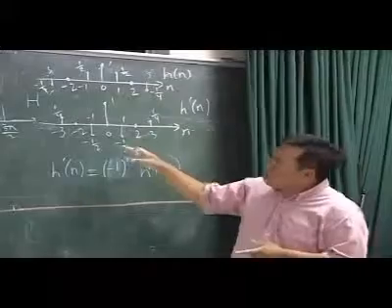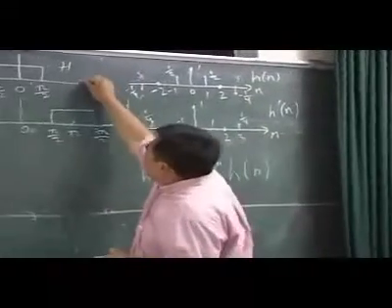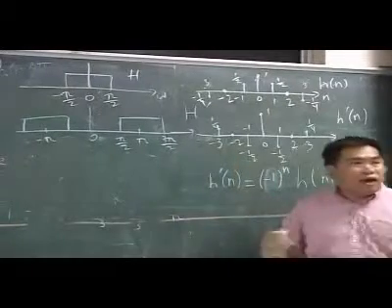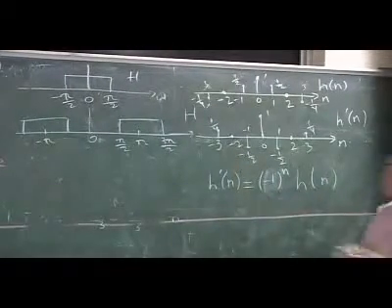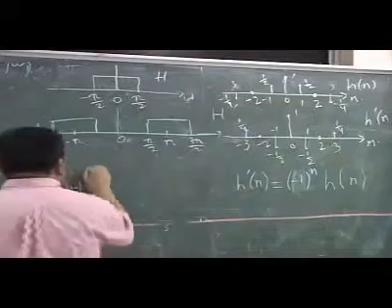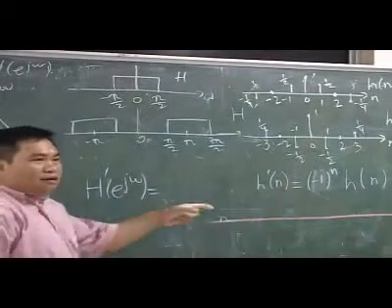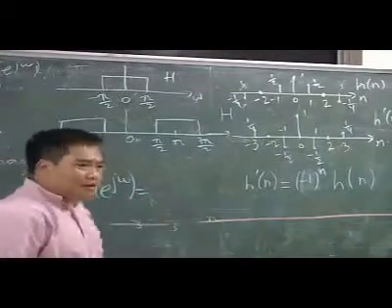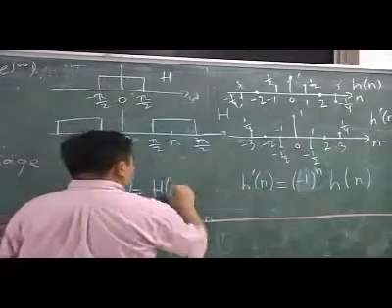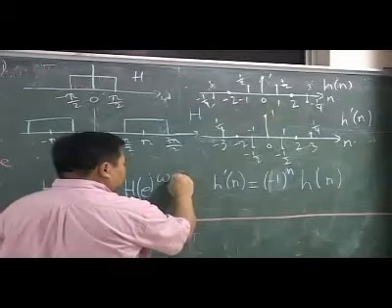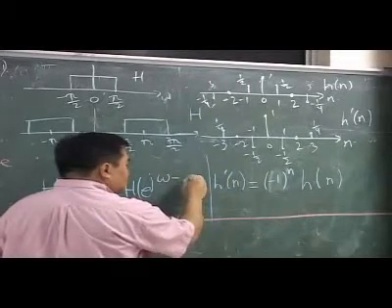So, but how do I know that if this is the frequency response of H, this is the frequency response of H prime? How do I show it? What does H prime e to the j omega equal to? That's e to the minus j omega, minus pi.